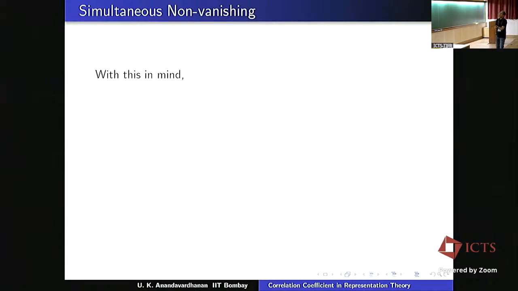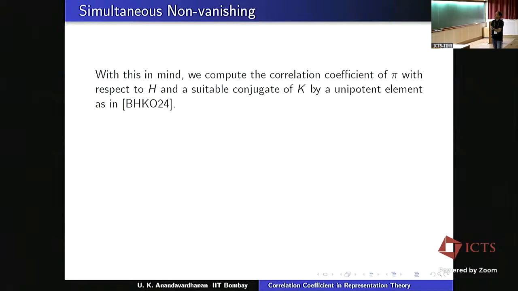So with this in mind, we compute the correlation coefficient of pi. Let us fix a standard diagonal torus and change K, conjugate it and make it not so nice as the earlier K. In Ashay's work, they conjugated by standard unipotent elements, 1 U 0 1. We will also try the same thing.